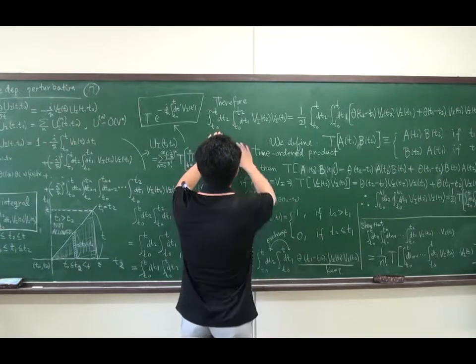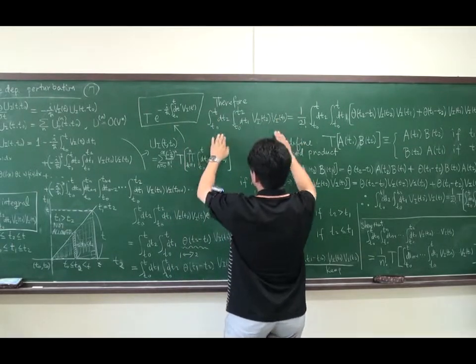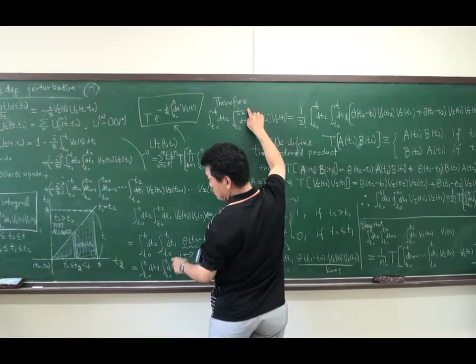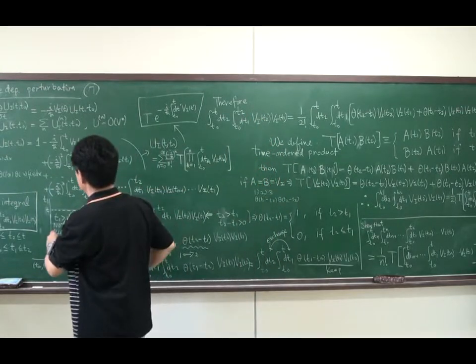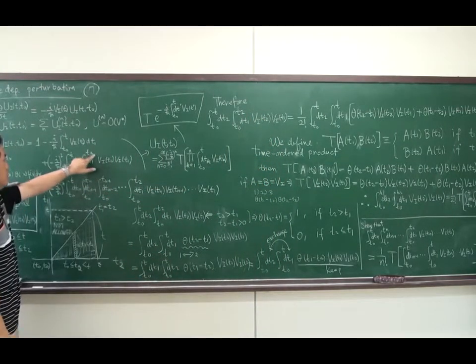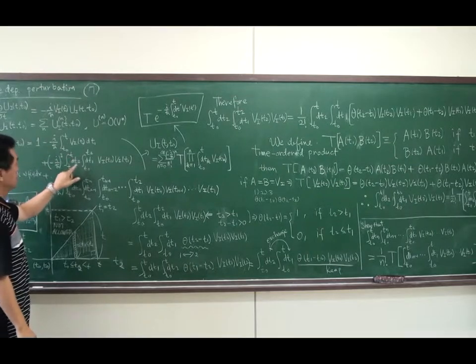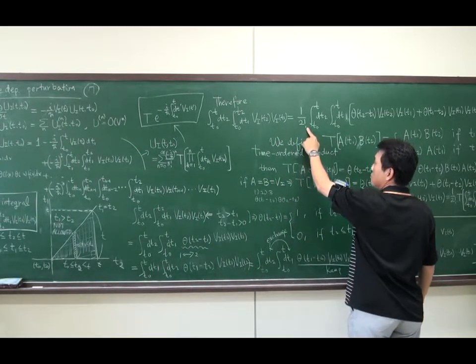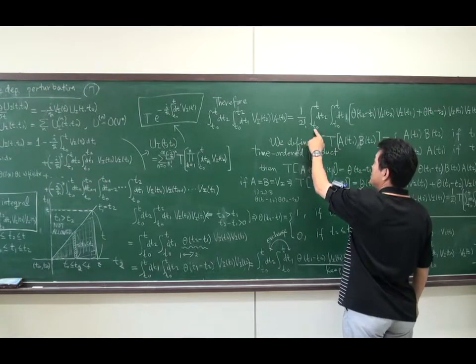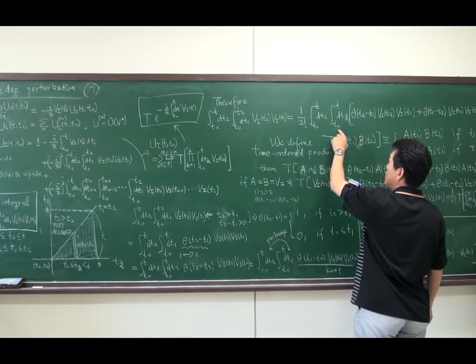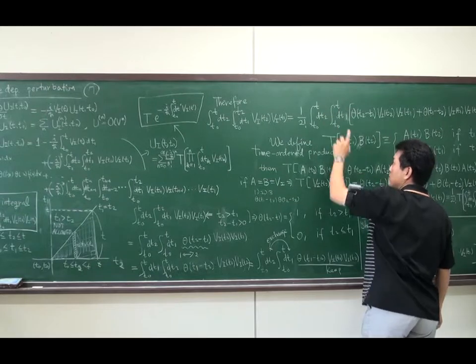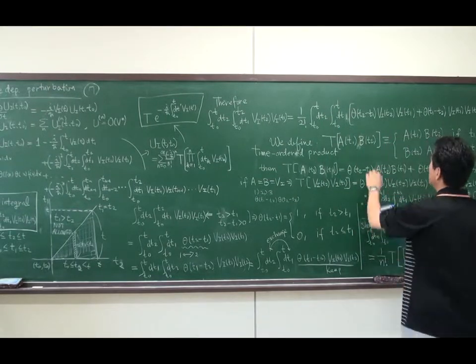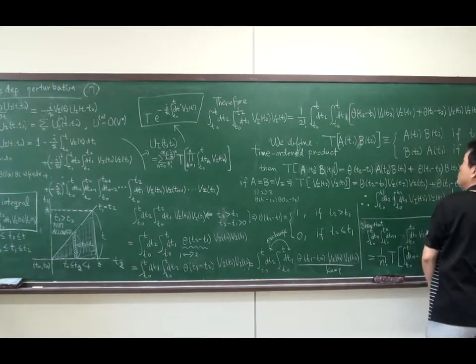So the original integral of V squared from t0 to t, where is the original one? Here, t0 to t2 and t0 to t1, is now expressed as 1 over 2 factorial integration of t1 and t2 from the minimum to the maximum, and the sum of these two pieces.